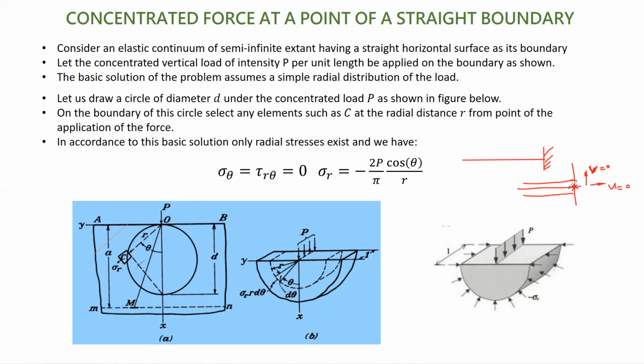But still the beam could hinge about that point, so I need to fix the rotation. How do I fix the rotation? In the usual formulation in mechanics of materials, we assume that the slope here at this end is 0.